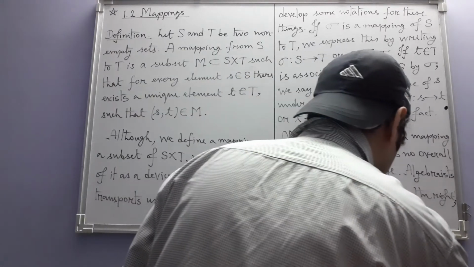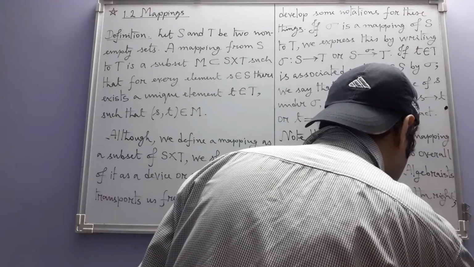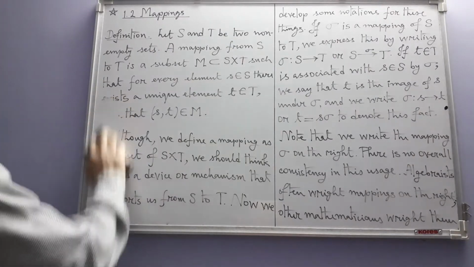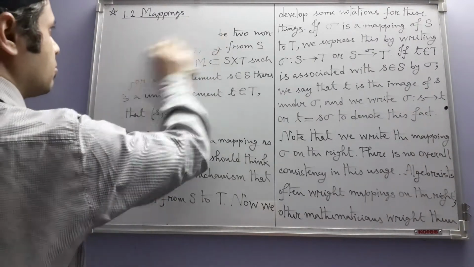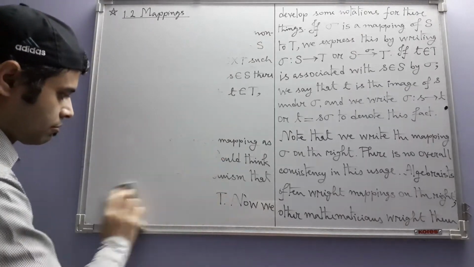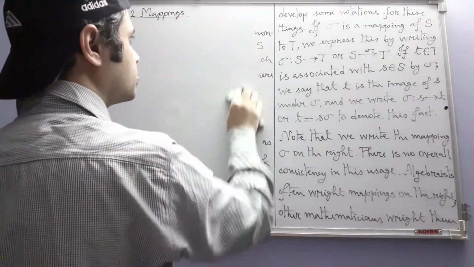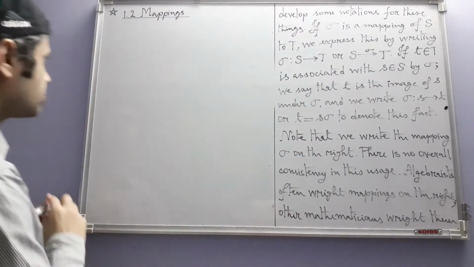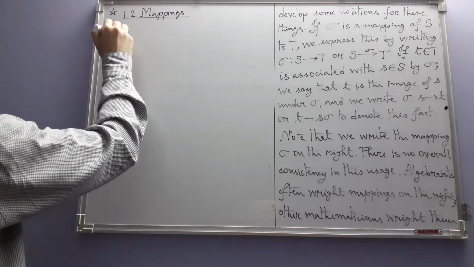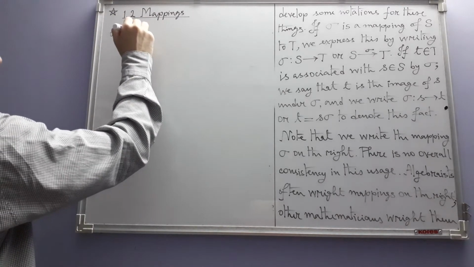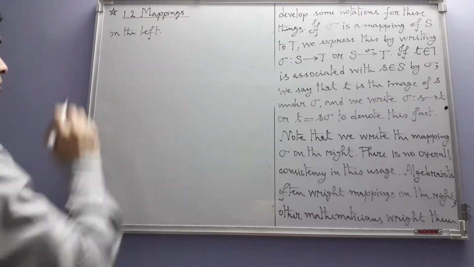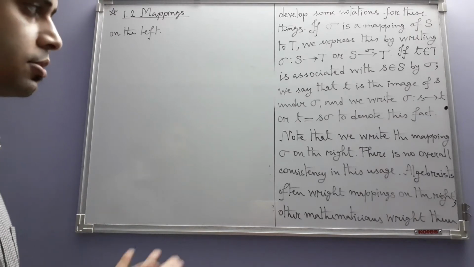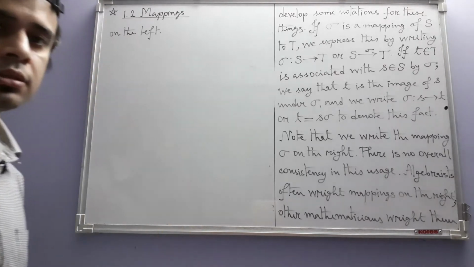Other mathematicians write them on the left. But the question is, why should we adopt two different types of notations where clearly one suffices?